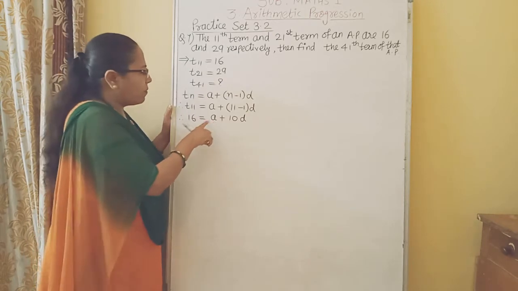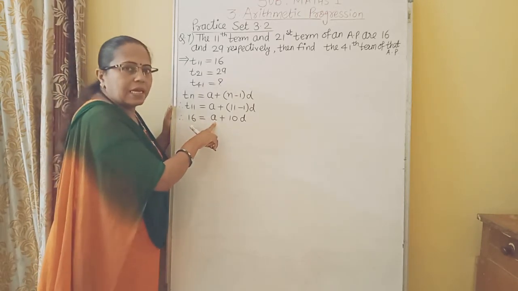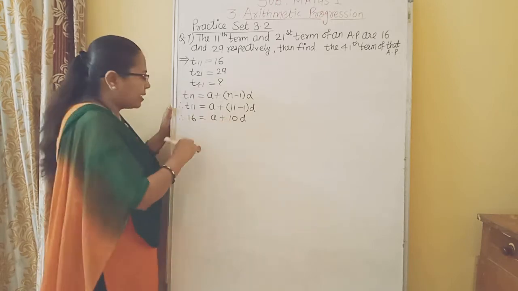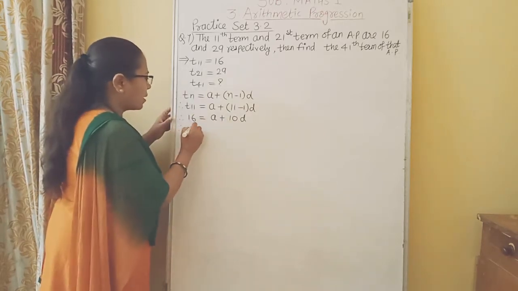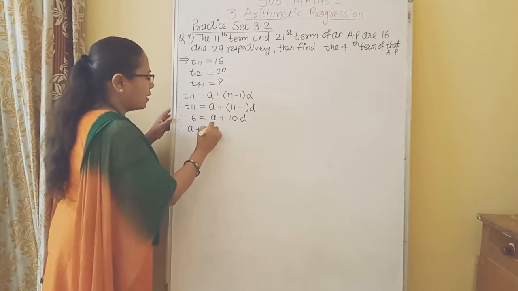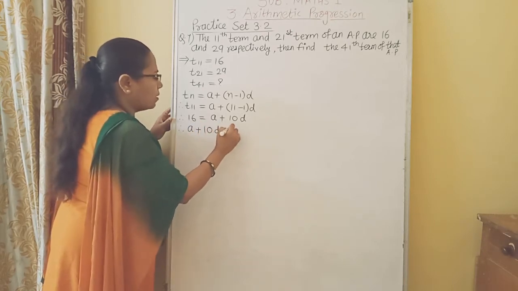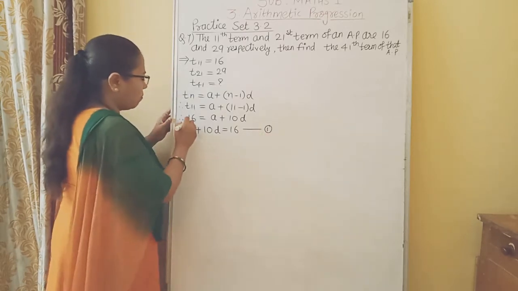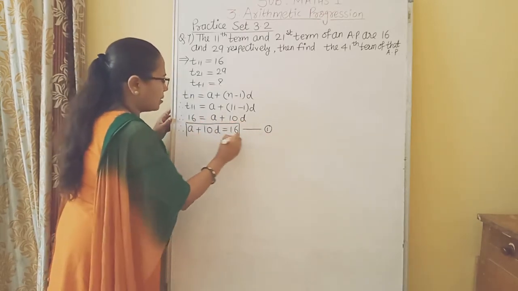Here we get one linear equation in two variables A and D. So we write that equation properly: A plus 10D is equal to 16. This is our equation number 1. Let us highlight this equation.